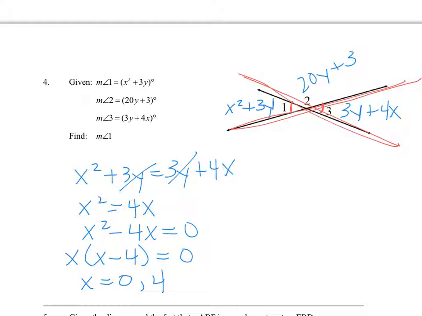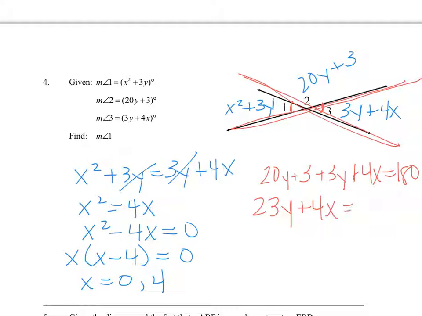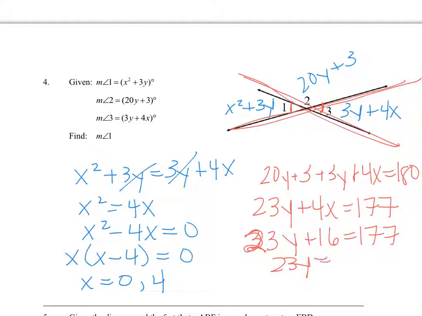So if we go with 20y plus 3 plus 3y plus 4x equals 180, and then we substitute in the 4, let's simplify first. 23y plus 4x equals 177. So if we substitute in the 4, 23y plus 16 equals 177. So 23y equals 161, and that makes y equal to 7.